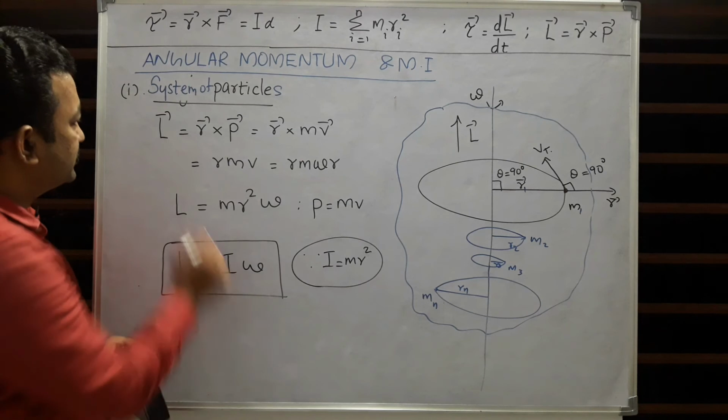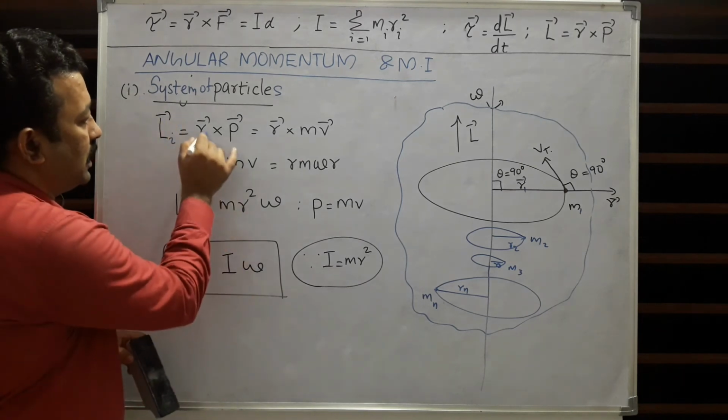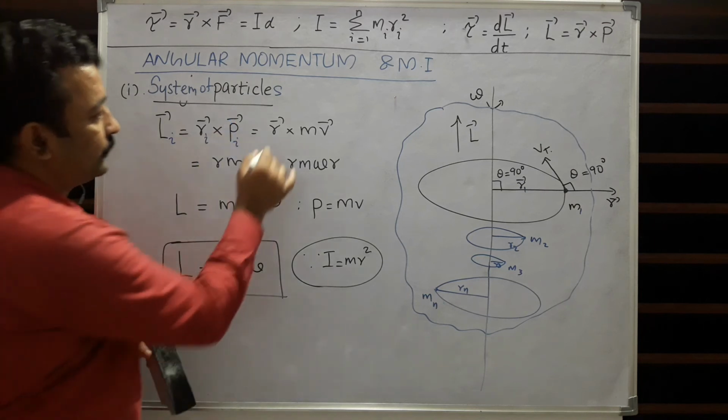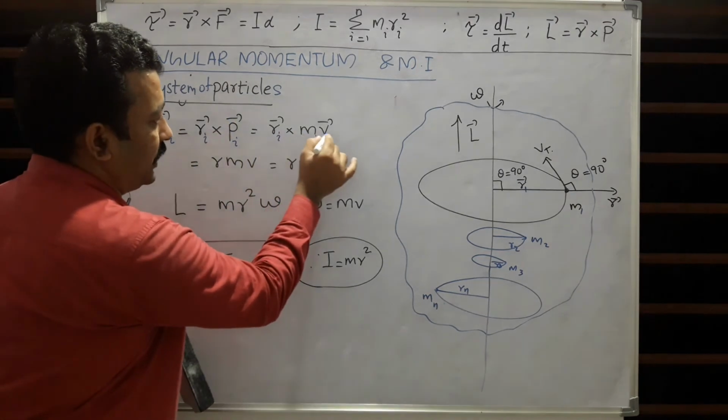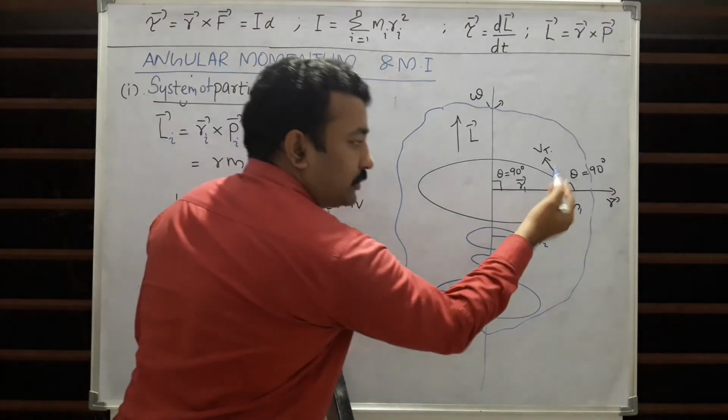Extend the concept. Taking an ith particle, ri cross pi, ri cross mi vi, all for the ith particle.